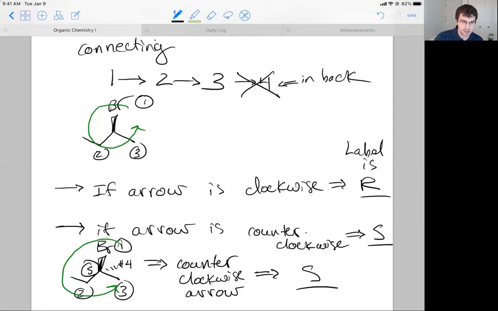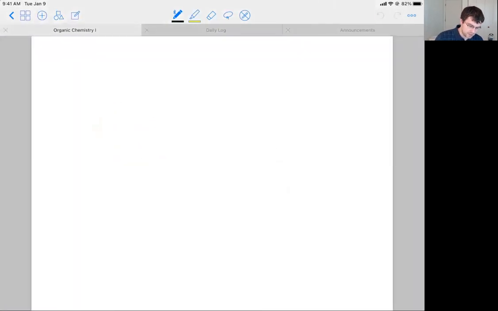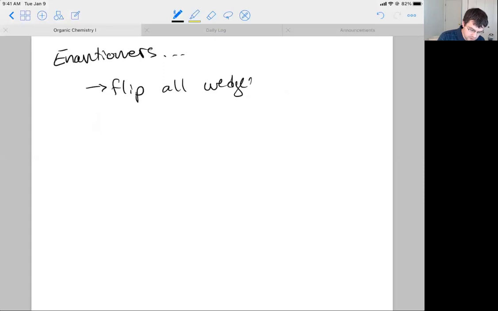Now, there's some things we need to consider, namely enantiomers. They flip all wedges and dashes.